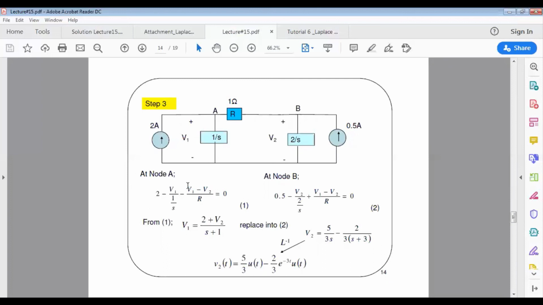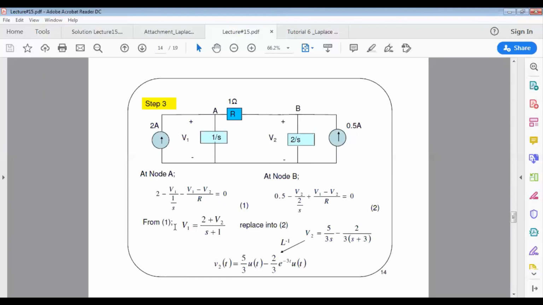This is the Kirchhoff current law at node A. At node B, the KCL will be (0.5 minus V2) over (2 over S) plus (V1 minus V2) over R equals 0. So we have two equations, 1 and 2, at node A and node B.